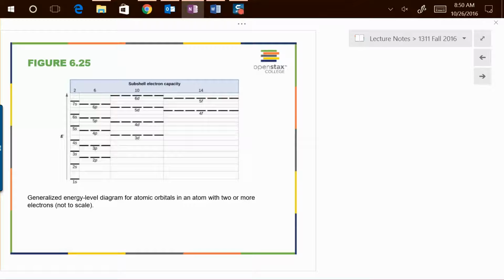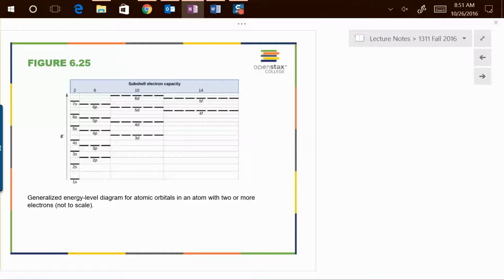So here's a good example of how you would generally write these orbital energy diagrams. Okay? So let's say I wanted to write the energy diagram for cobalt. Okay?